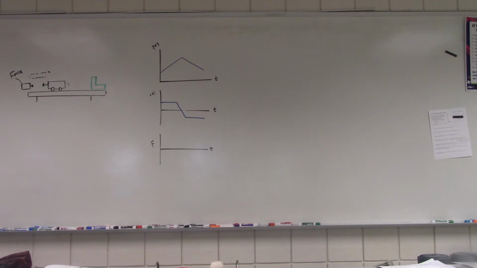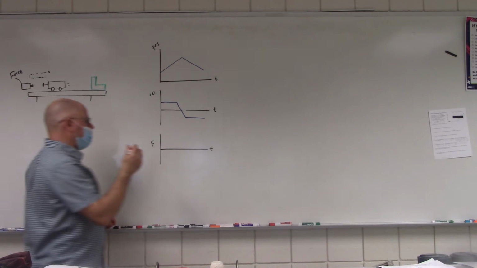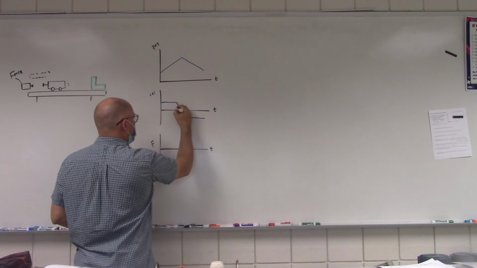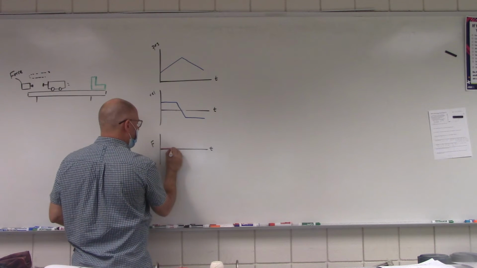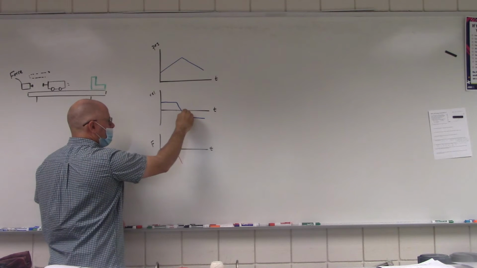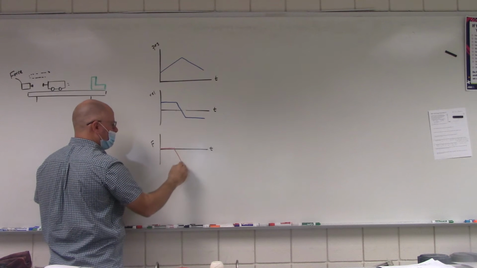Now the force one is interesting because the only time it's reading any force is when the thing's in contact with it. So what does that mean? That means that the force is 0, 0, 0 until this moment right here where it pushes on it, until this moment right here.